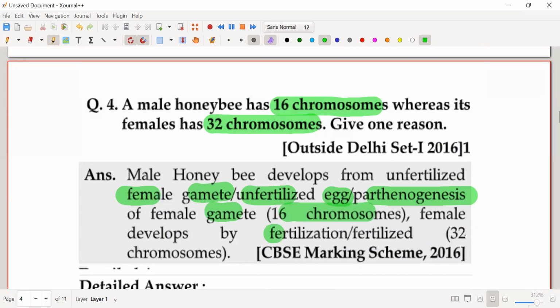The female develops by fertilization, where two haploid gametes combine to form a diploid. That's why we get 32 chromosomes.